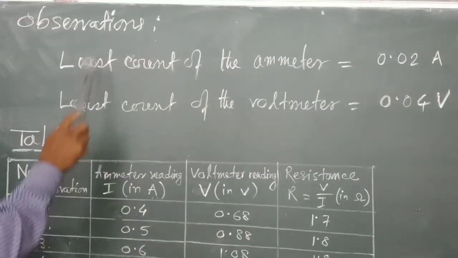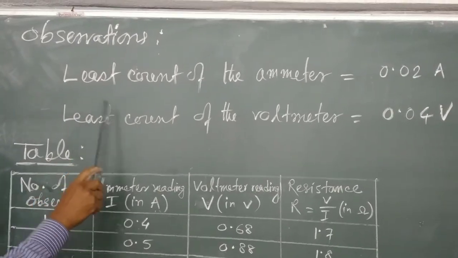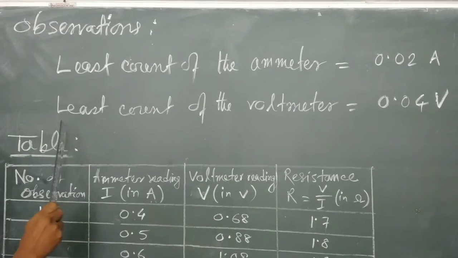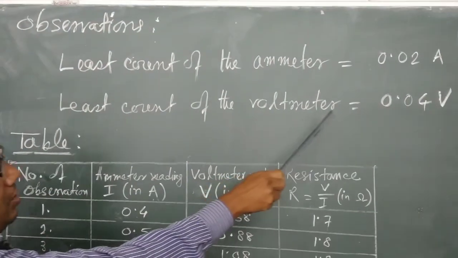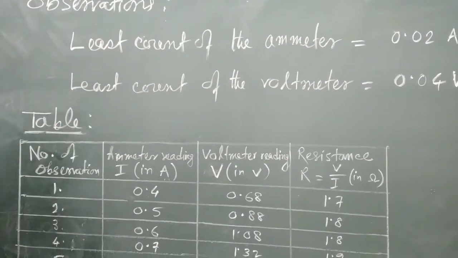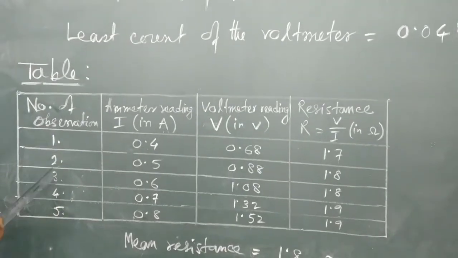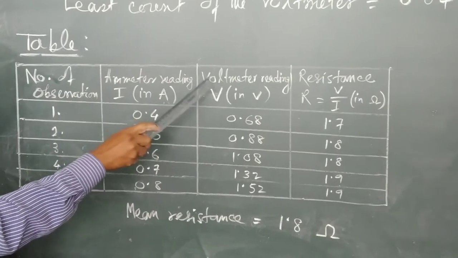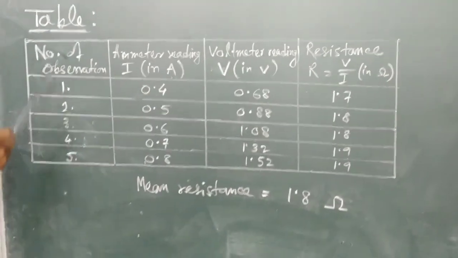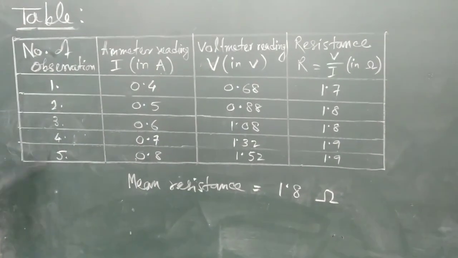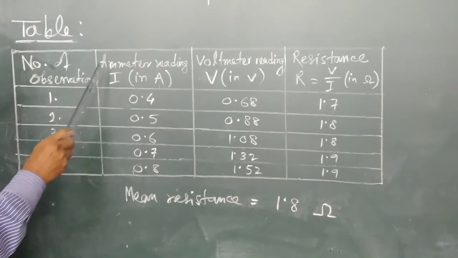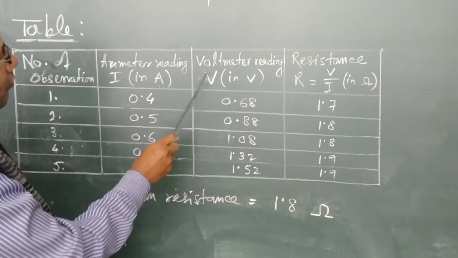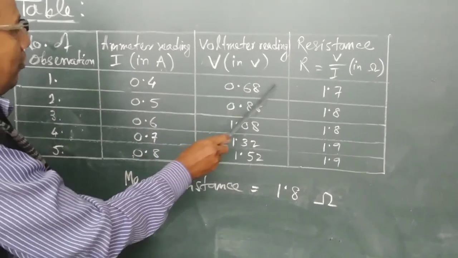Let's go for observations. We have determined that the least count of the ammeter is 0.02 ampere and the least count of the voltmeter is 0.04 volt. We have got 5 observations. When the ammeter reading is 0.4 ampere, the voltmeter reading is 0.68 volt.